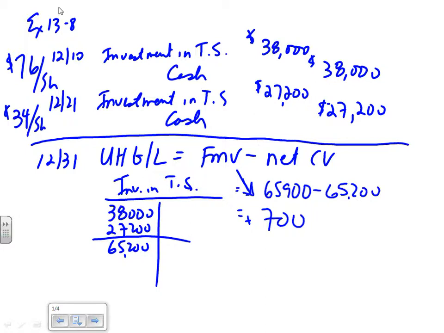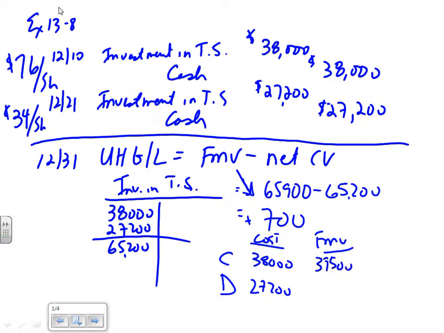And ideally, you want to think about the two securities. If I was looking at Carroll and Dynamo, Carroll had a cost of $38,000. Dynamo has a cost of $27,200. The fair market value of each is $39,500, and for Dynamo it's $26,400.